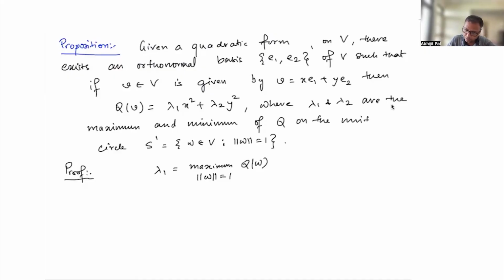So then there exists a vector e1 belonging to the unit circle S1 such that Q(e1) will be equal to lambda 1.